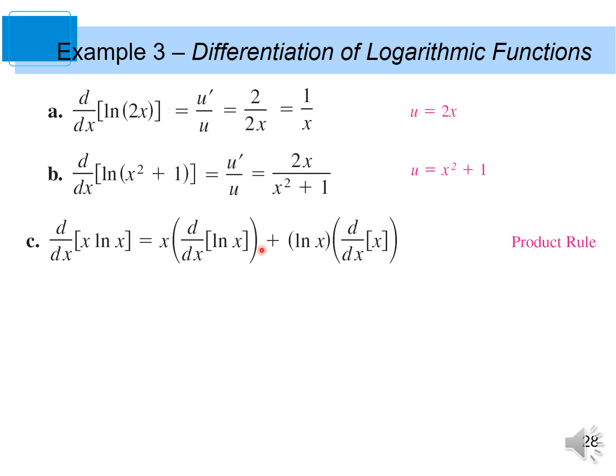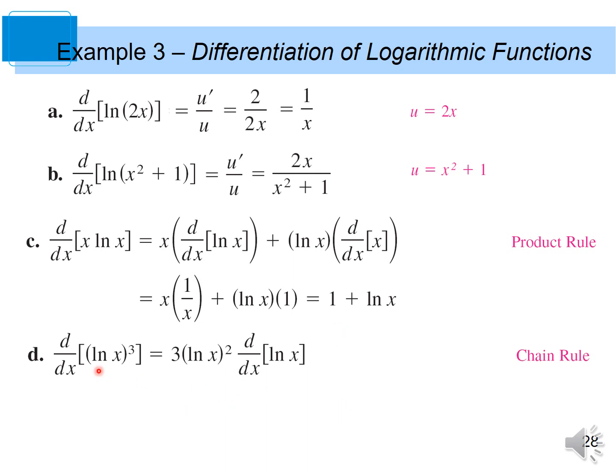So we use the first formula on page 27, because it is just the natural log of x. It's not the composite function. So it's 1 over x. And differentiate the x with respect to x. So we use power rule. We have 1. So here we have 1 over x, and here we have 1. And then we simplify. Lastly, we have 1 plus natural log of x.